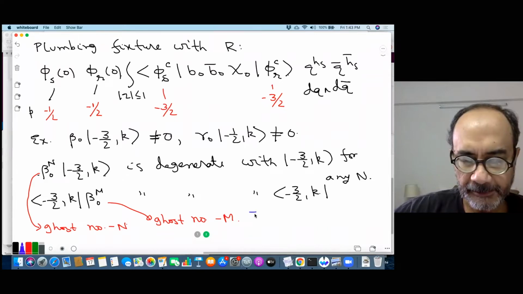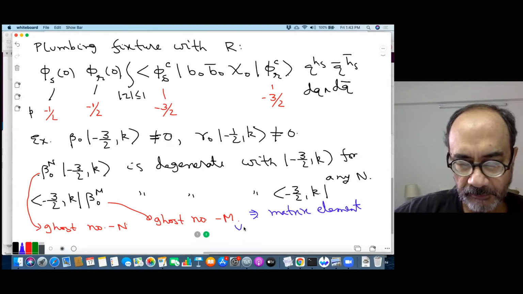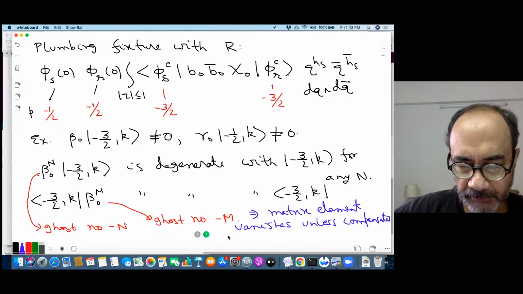This implies that the matrix element vanishes unless compensated by positive ghost number operators.